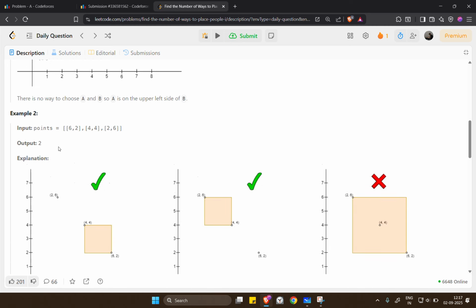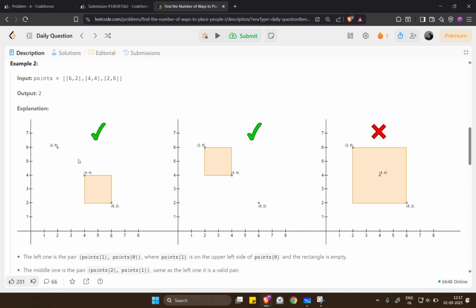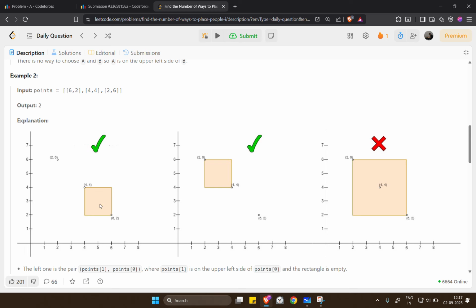Okay, so taking into consideration the second sample input, here we can see that as these 3 points are given, so these 2 points do form a valid pair because this point is on the upper left side of this point and any other point doesn't lie in the rectangle that these 2 points make.